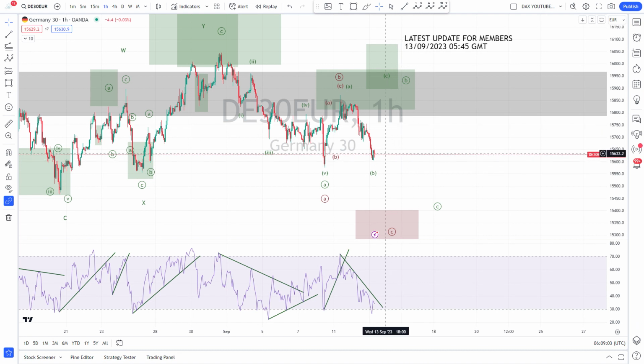So primary expectation today, more upsides, but simply because of alignment with other indices. And what else could play out is that wave B was in here, and then we should see more downside. But this is not really supported by the other indices, so therefore I make it my secondary scenario. This was my analysis.